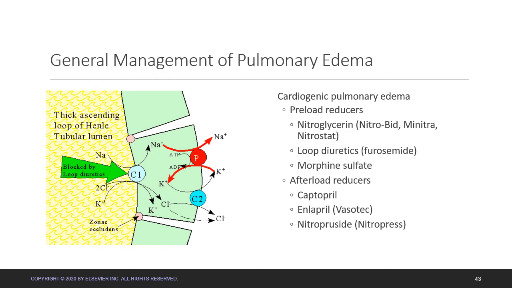Shown is a picture of how Lasix works on the loops of Henle in the tubular lumen of the kidney.